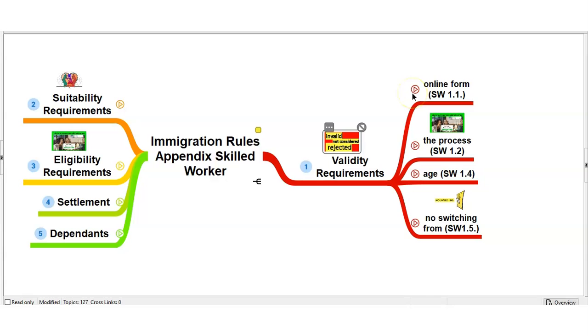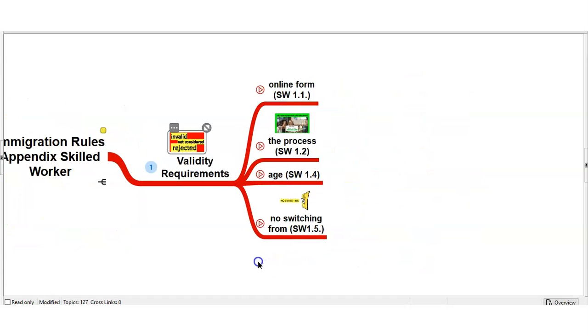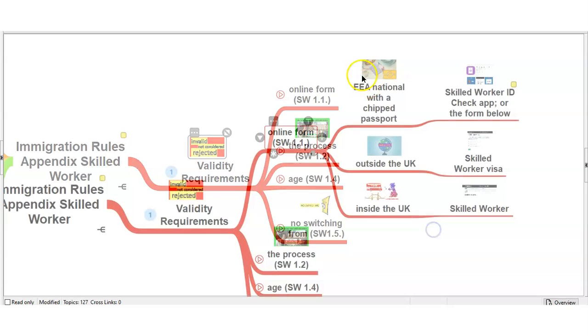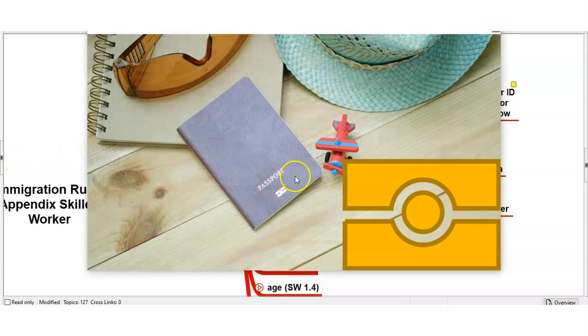So first of all, for the application to be accepted as valid, you will need to complete a valid application form, and they here differentiate 3 different types of applicants. The first one is an EU national with a passport with a chip.